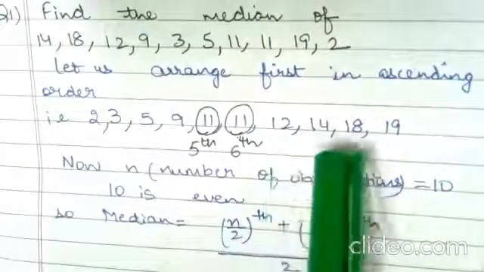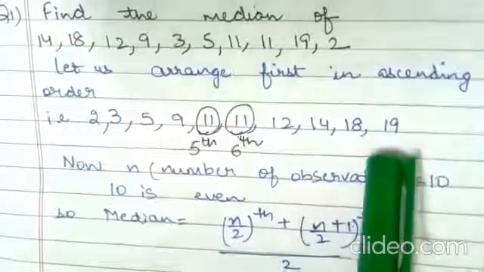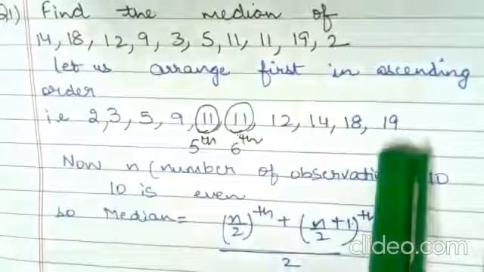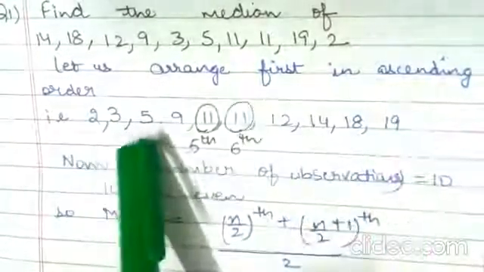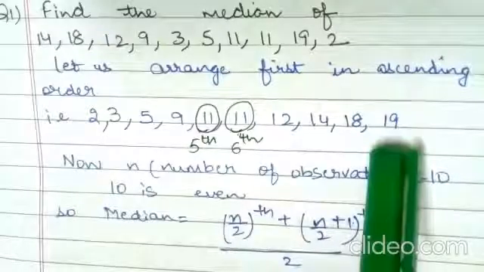Then 12, 14, 18 and 19. Now the first step is done. That is, we have arranged the data in ascending order.